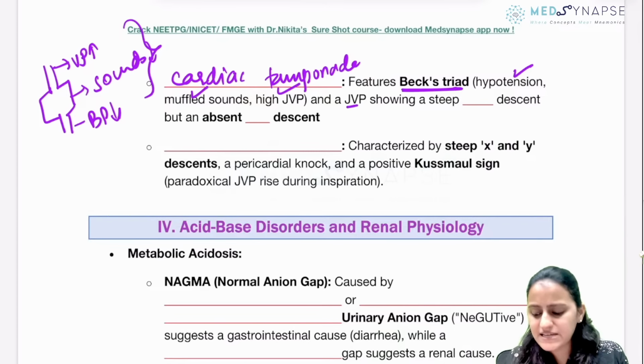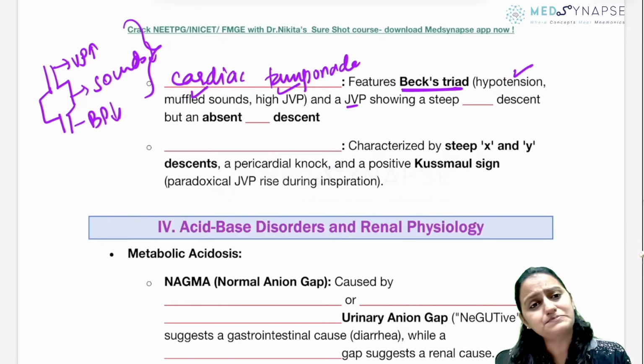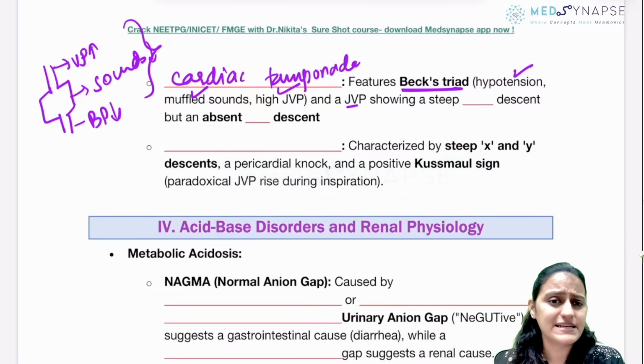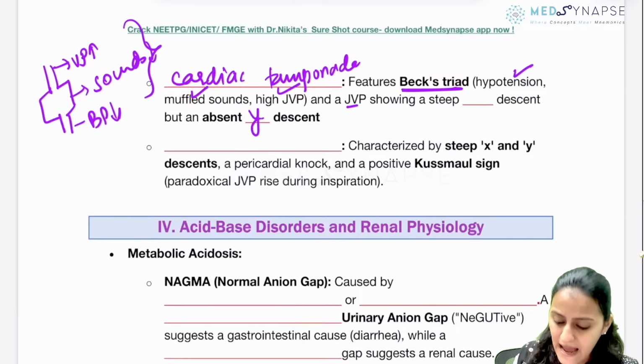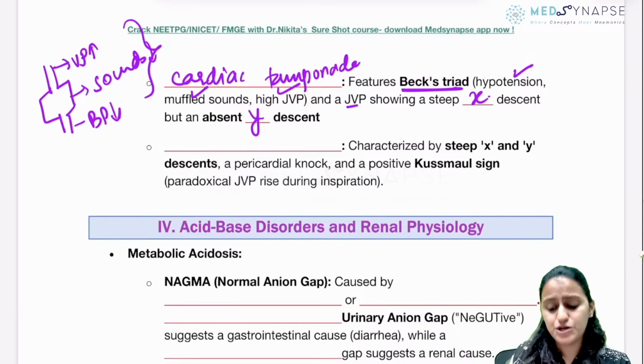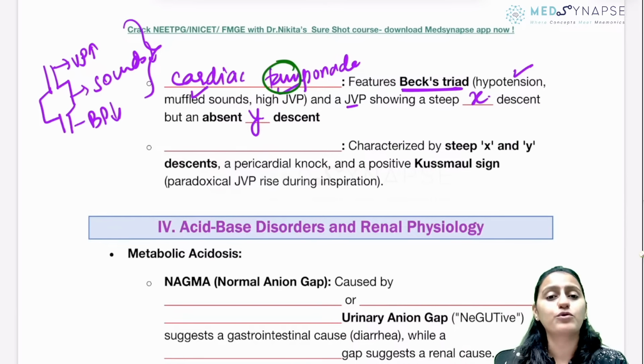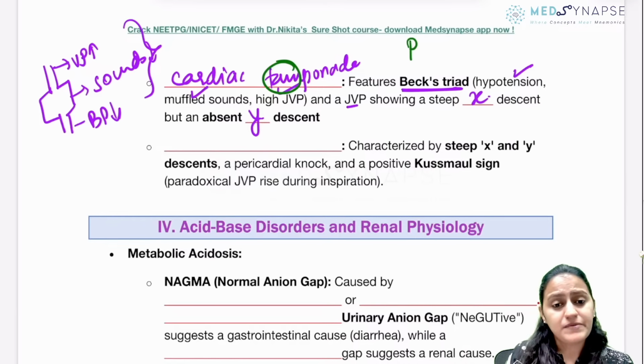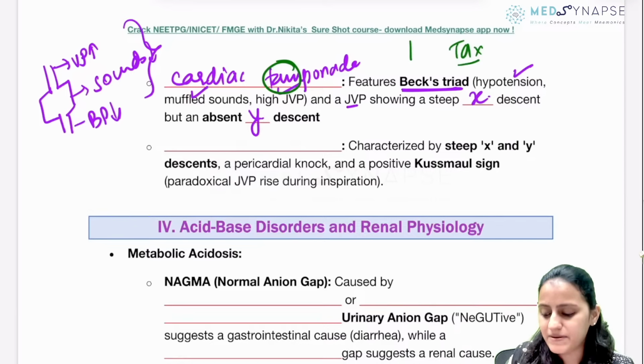And what do you see in JVP in cardiac tamponade? With the X and the Y descent, both present, both absent, one absent, what do you see? Absolutely right, there is absent Y descent and a steep X descent. How do you remember this? When there's tamponade, TATA, remember tax.